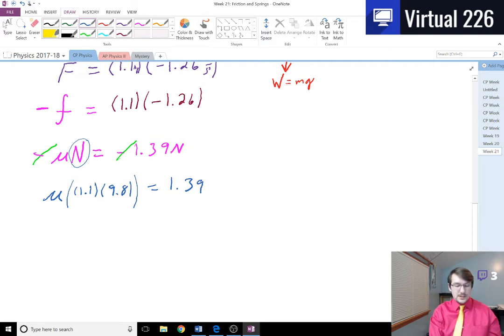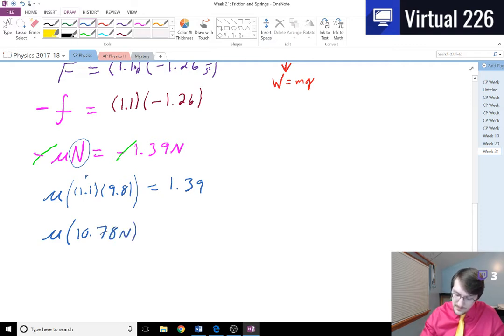If I take 9.8 times 1.1, I get that our coefficient of friction times 10.78, and that's going to be in newtons because that's a mass times an acceleration, equals 1.39 newtons, because I'm still carrying these newtons all the way through.